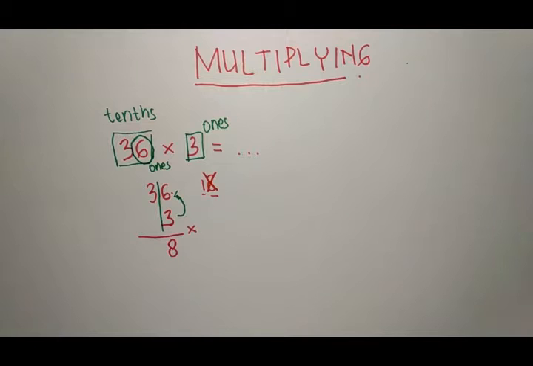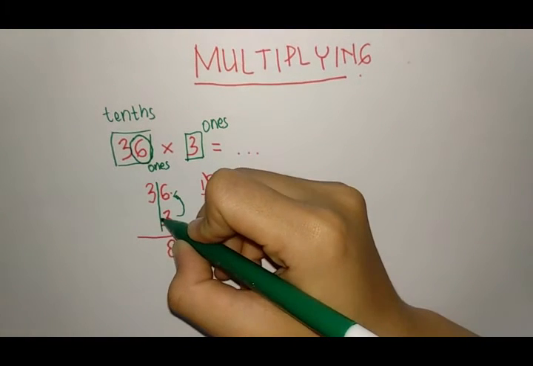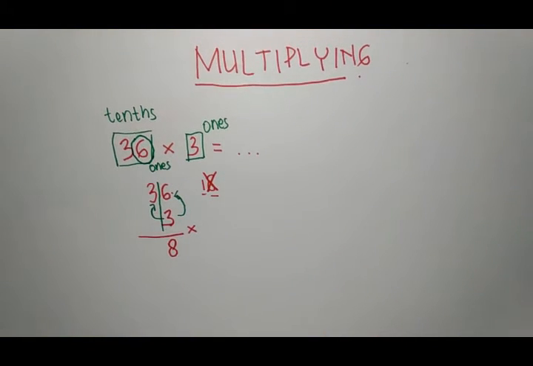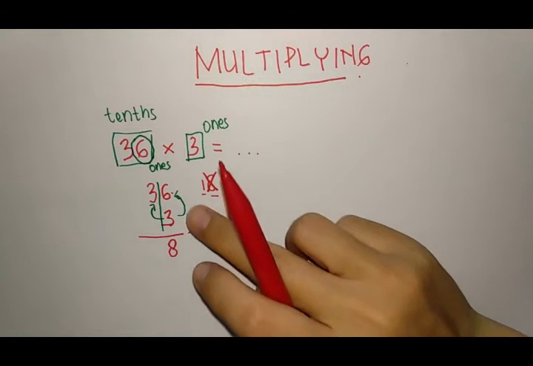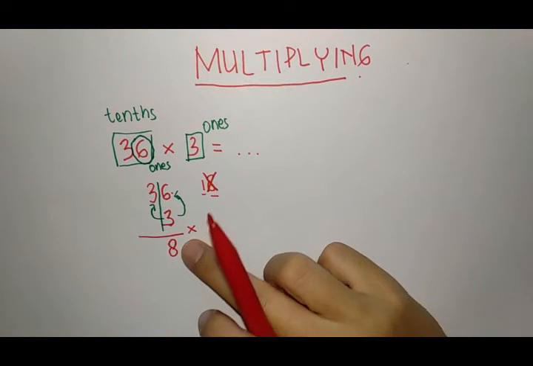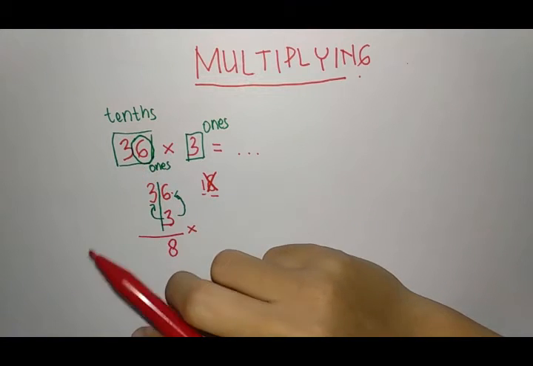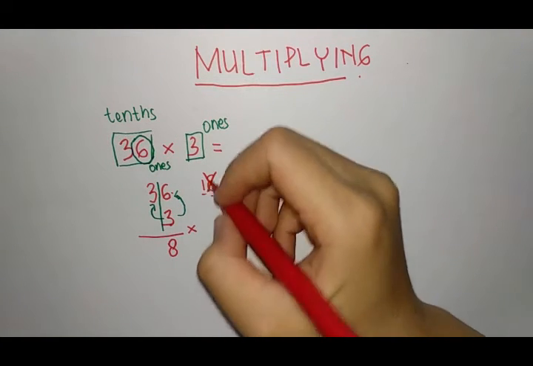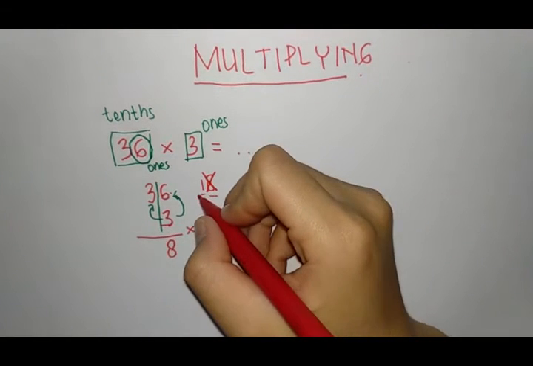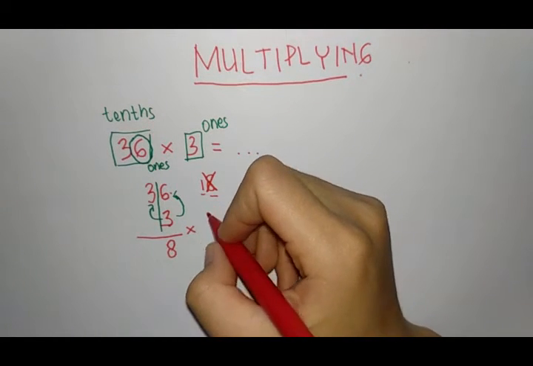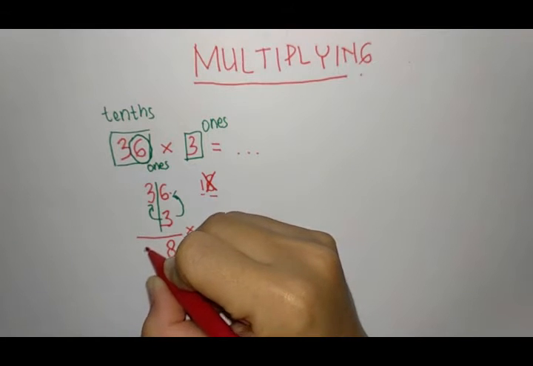After this, the second step, we have to multiply the 3 by 3. 3 times 3 equals 9. Good. But don't forget, we still have 1. So after we multiply 3 by 3 equals 9, we have to add 1. So 9 plus 1 equals 10.